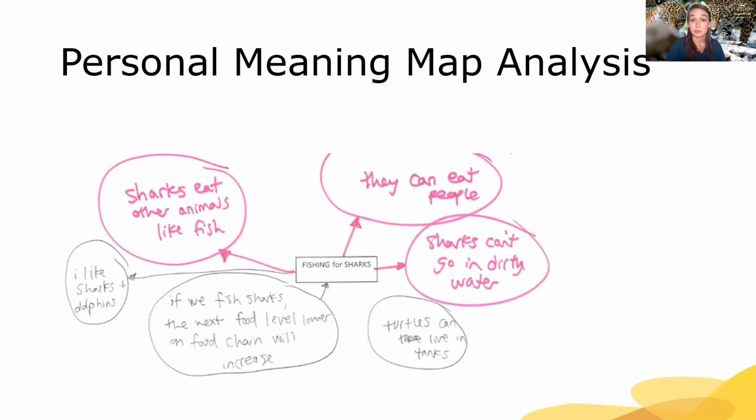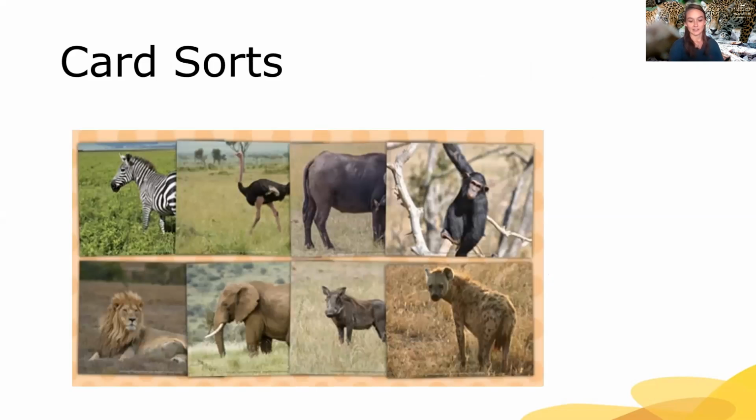This, for example, is a tool I think that you could use within participatory action research. You could have your participants do something like this in groups, individually, on a board, etc. This is another one that Dr. James mentioned. So card sorts.